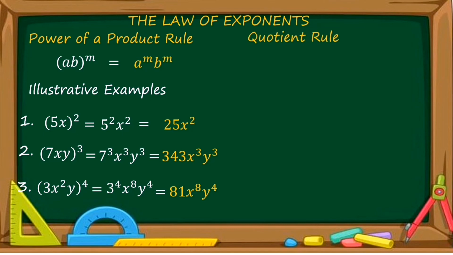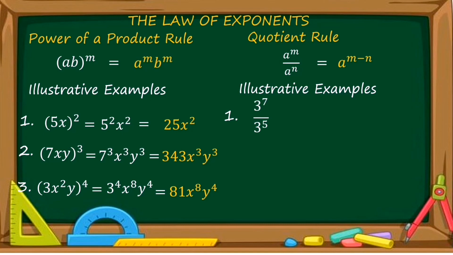Next, we have the quotient rule. A raised to m divided by a raised to n is equal to a raised to m minus n. Illustrative examples. Number 1, 3 raised to 7 divided by 3 raised to 5. Applying the rule, it is equal to 3 raised to 7 minus 5.